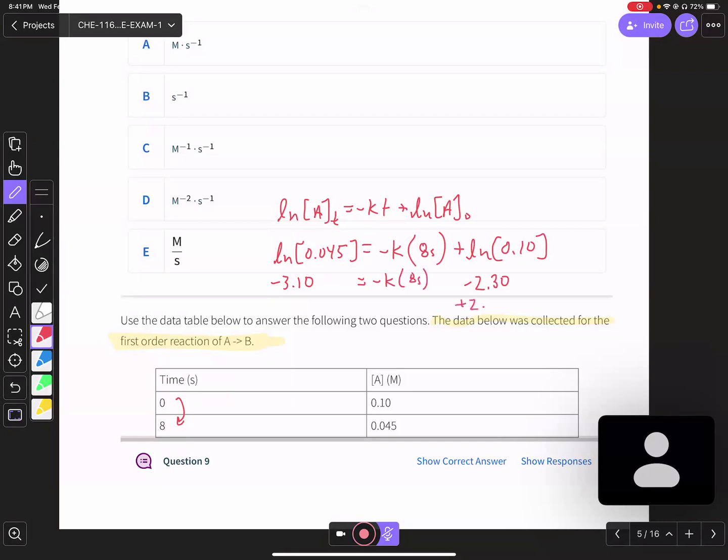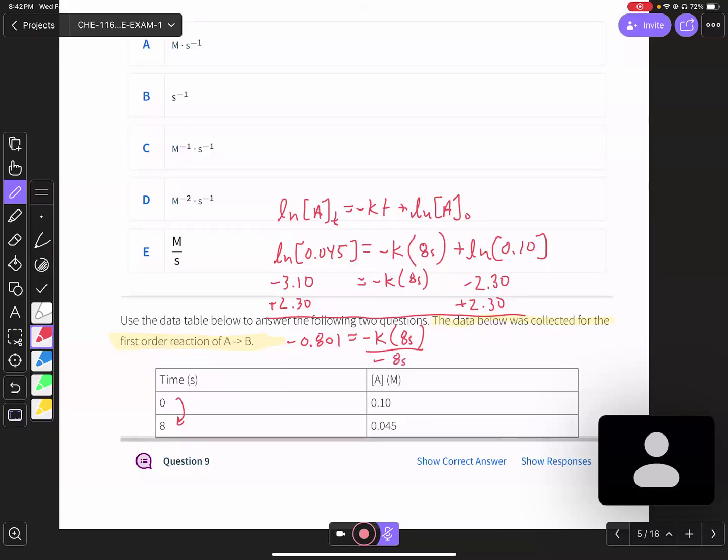So we're going to add the 2.3 across. All right, we add the 2.3 across. And I get negative 0.801 equals a negative k times 8 seconds. So we're going to divide by that negative 8 seconds, right?